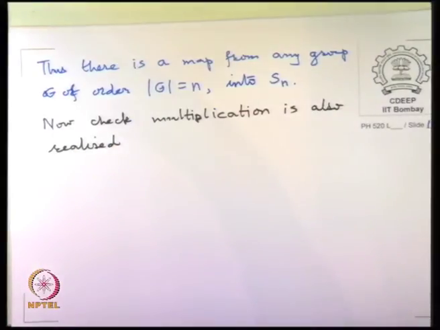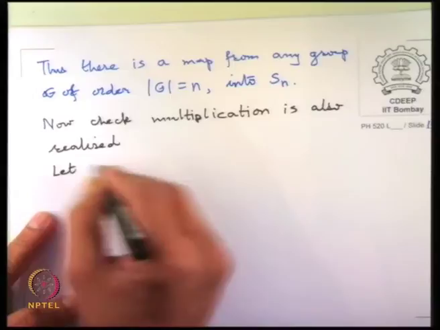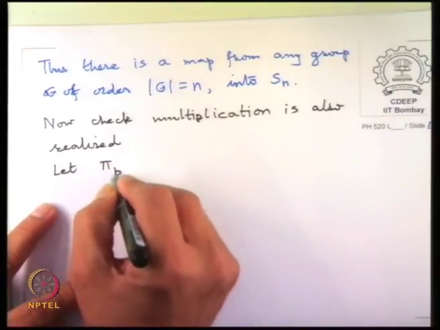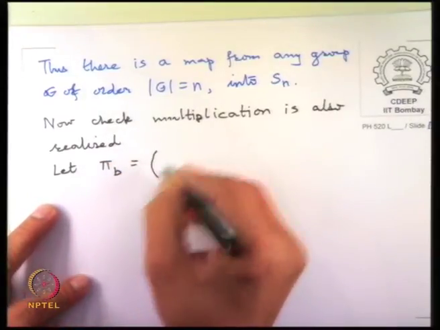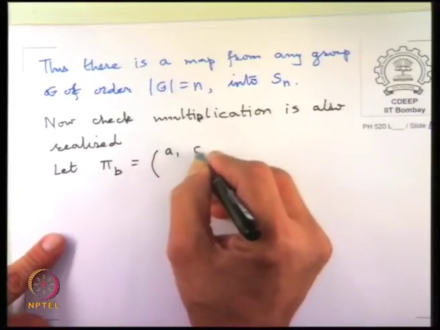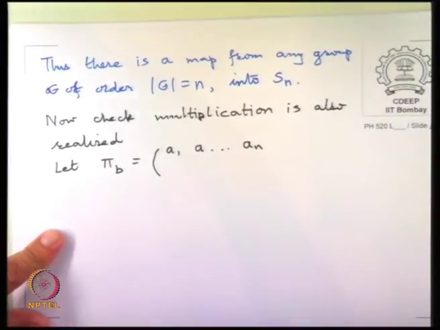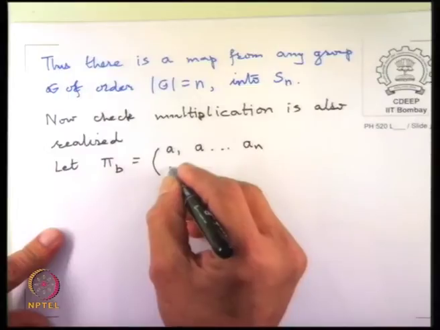So what do we need to do? Suppose we realize pi b and pi c, because we are going to use A1s here. So let pi b be equal to, and what we will write is simply some sequence A1, A2, An. We have been writing 1, 2, 3, 4 numerals, but you can just write instead A1, A2, An, and you will see why we want to keep this a little abstract.